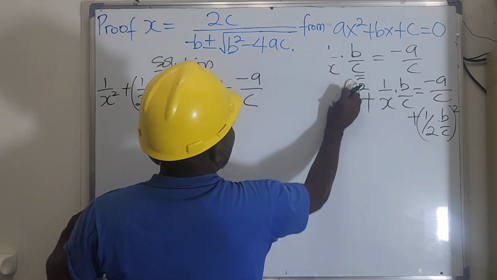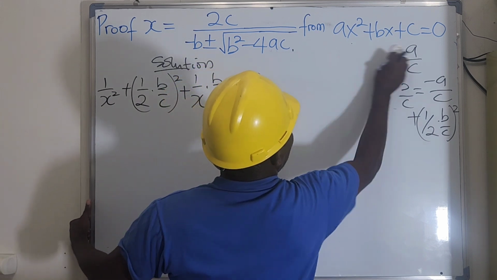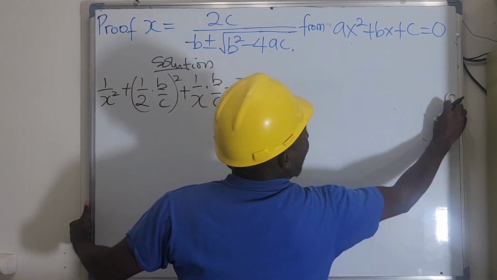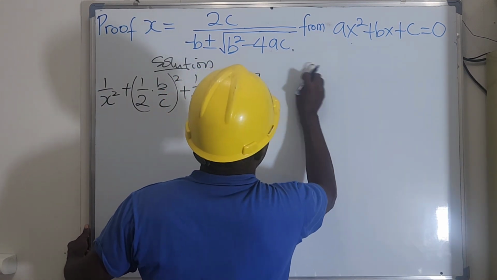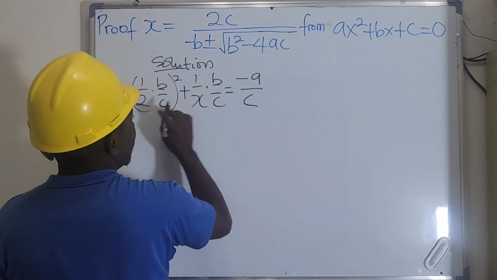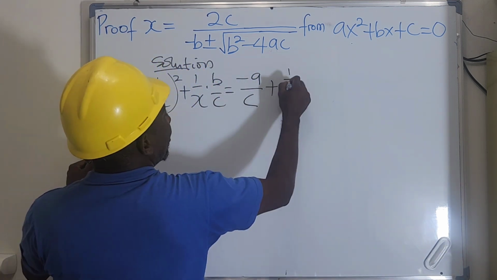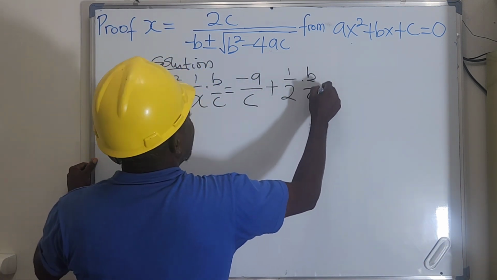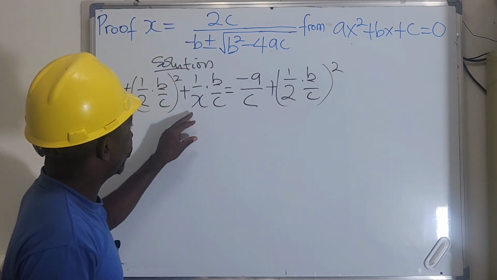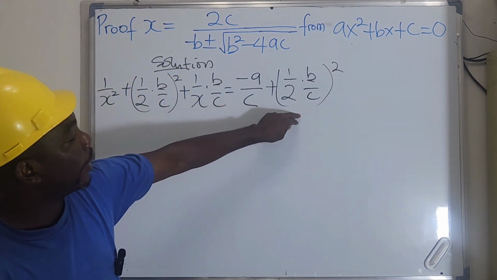So here, since we are adding half the square of the coefficient of 1 all over x to both sides, it will become plus half times b all over c squared. So that is what we add. We add here and we add here.